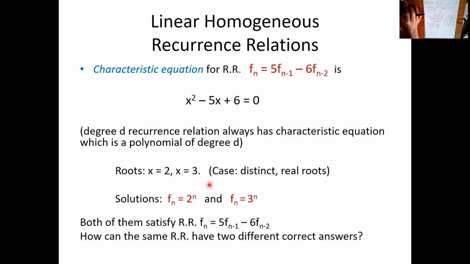So these were the roots, and therefore I had these two different solutions. Both of them, if you stick them in here, will work. How come this one recurrence relation can have two different correct answers?